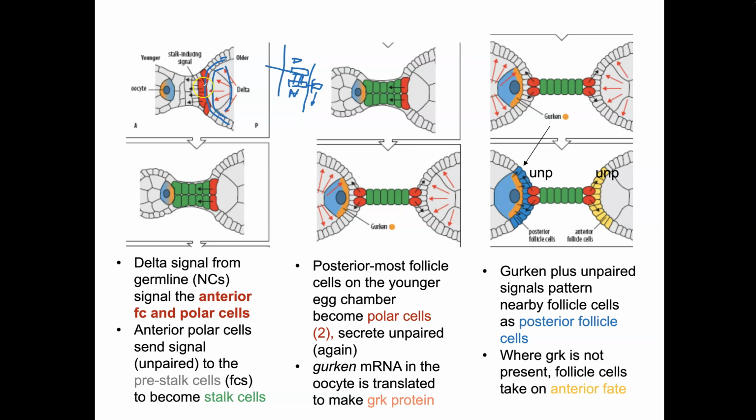The two cells right at the very tip are called polar cells. And that induces the formation of the stalk, which is shown in green here.